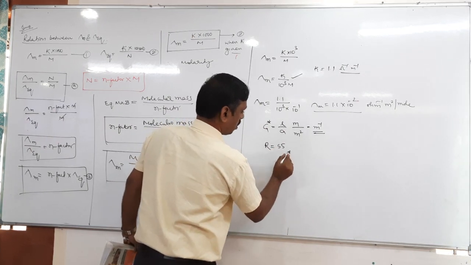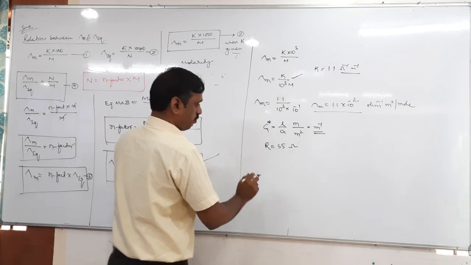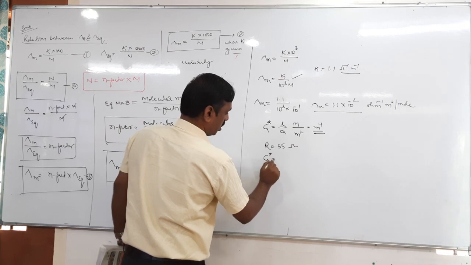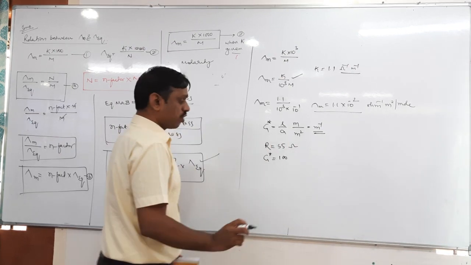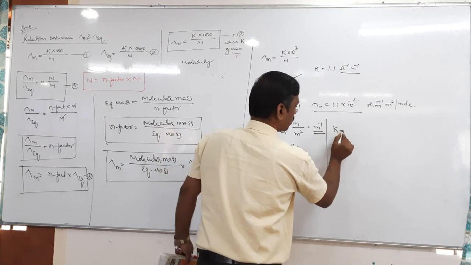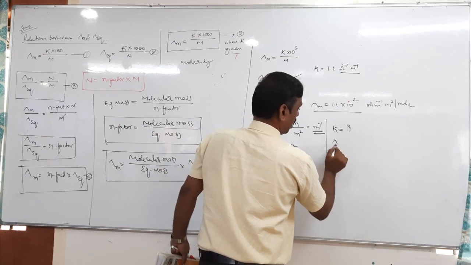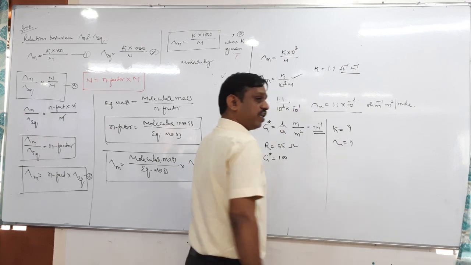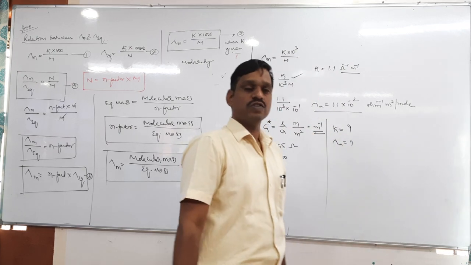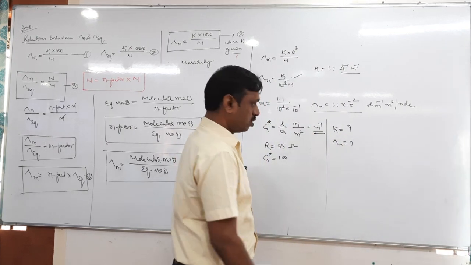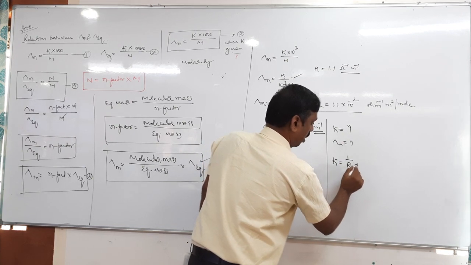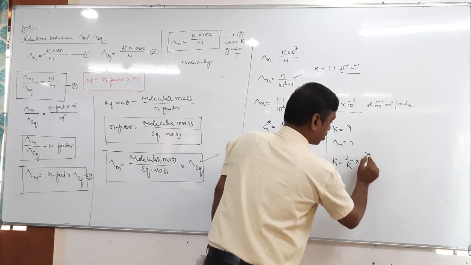Now G star value is given as 100 and R value is given. We need to calculate K and lambda m. First calculate K, because once you calculate K, you can calculate lambda m. K equal to 1 by R into G star.